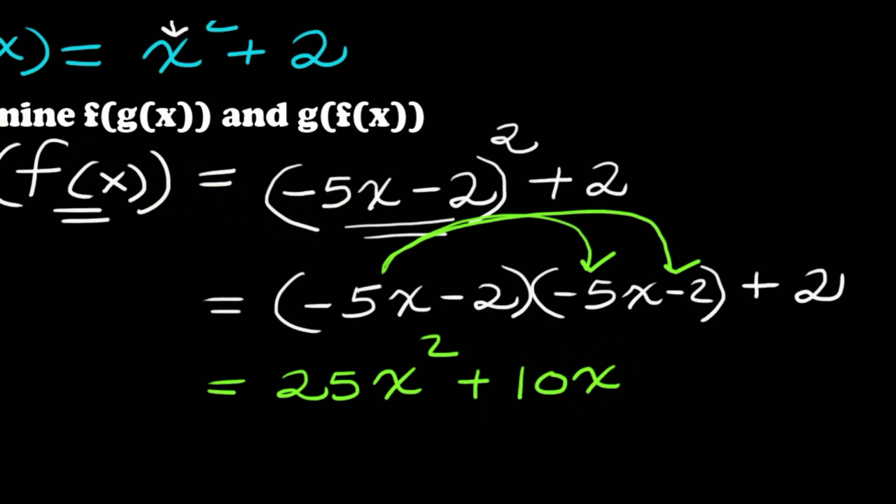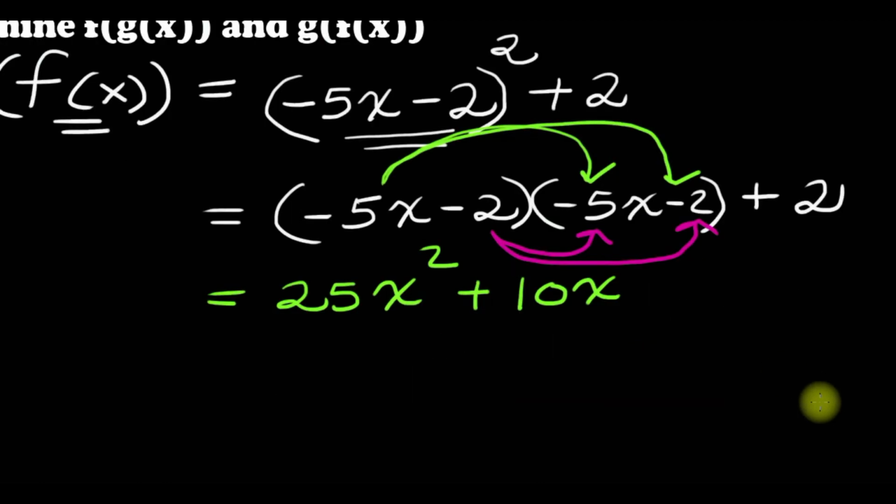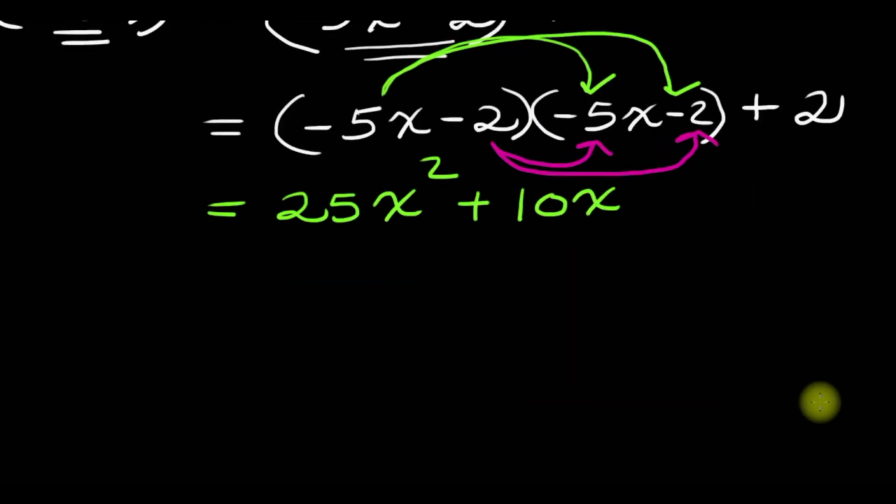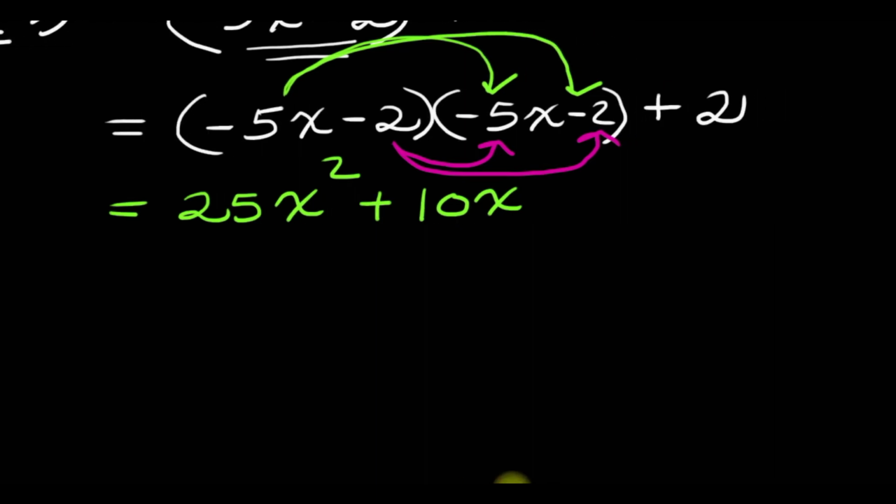Okay, and then we're going to do the same thing with the -2. So -2 times -5x, and then -2 times -2. So what is -2 times -5x? Positive 10x. And then plus 4. And then bring down the 2.